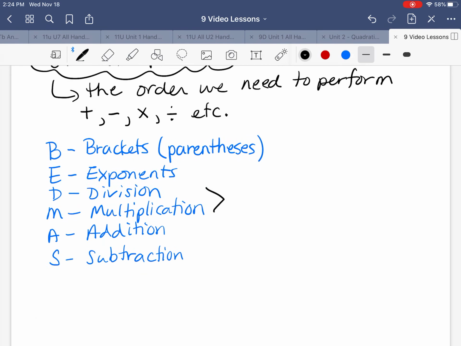Now, when we're talking about division and multiplication, we want to do whichever comes first as you're going from left to right through your expression.